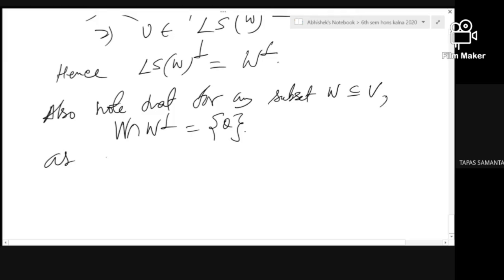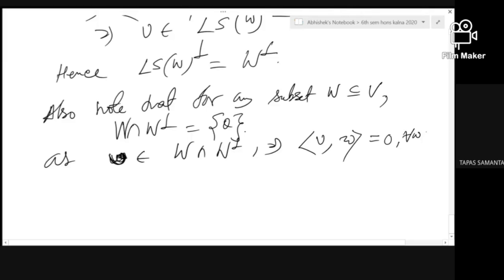Because if V belongs to W intersection W perp, then <V, w> equals 0 for all w belonging to capital W. As V belongs to W itself, it is <V, V> equals 0.